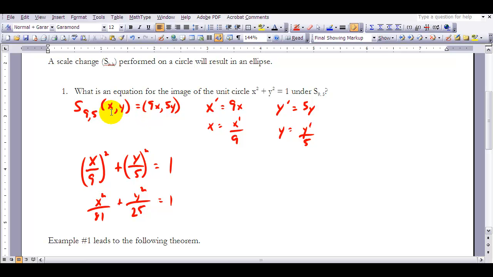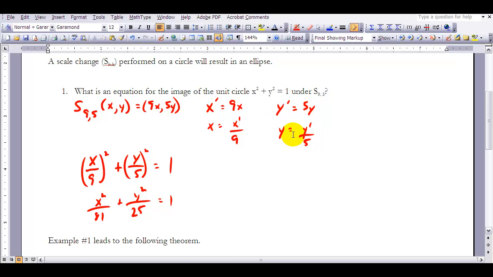Whatever the point is, we're going to multiply the x value by 9 and the y value by 5. Well, that means x prime is equal to 9x, and therefore if I solve that for x, x is equal to x prime over 9. And y prime is equal to 5y, therefore y is equal to y prime over 5.